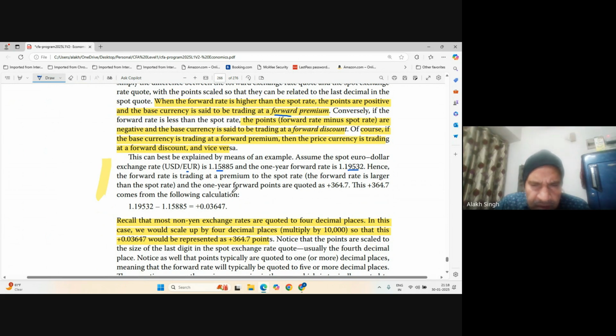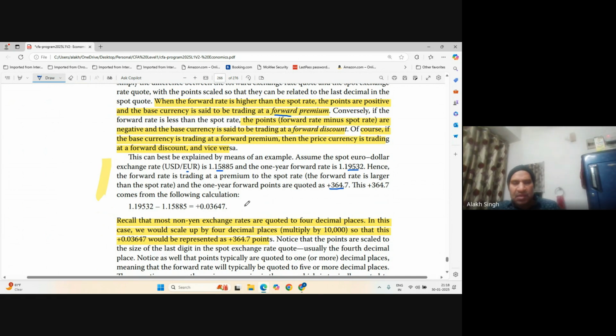The 1 year forward points, so how much is the point? This is a new thing for you to know, not that you have to remember it. That is the way it is written. The 1 year forward points are quoted as 364.7, and that came from deducting: 1.19532 minus 1.15885 is equal to 0.03675.